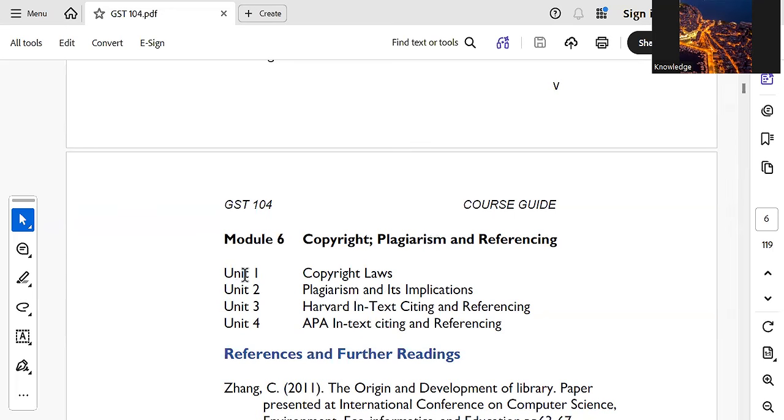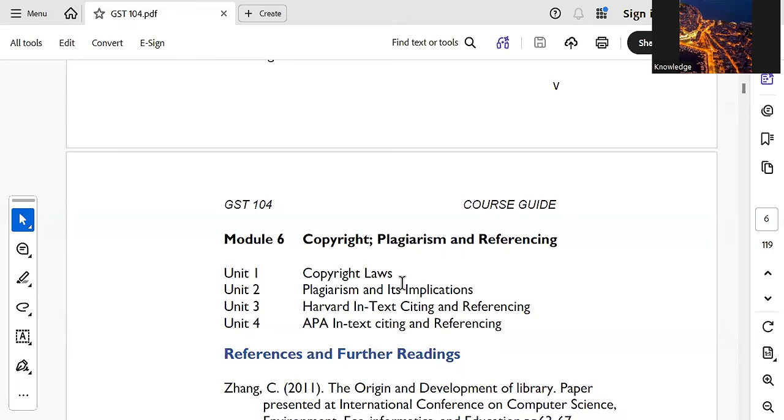Under that, you will learn what we call copyright laws. You will learn about plagiarism and its implications. You will learn Harvard in-text citation and referencing, and then APA in-text citing and referencing. Those are two major popular ones.